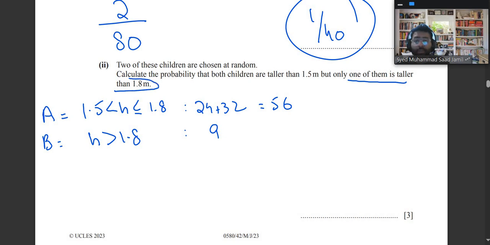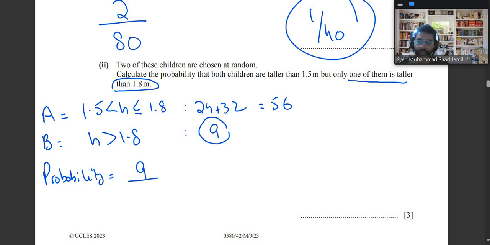So first probability, the scenario would be that we have chosen one of them which is taller than 1.8. So how many children are there that are taller than 1.8? 9 upon total children, how many? 80. Multiply by how many children are between 1.5 and 1.8? 56.